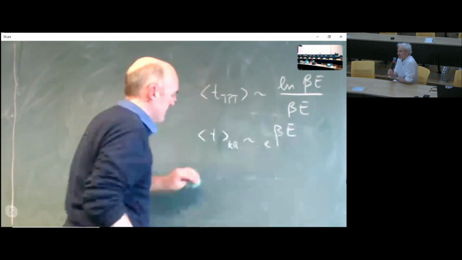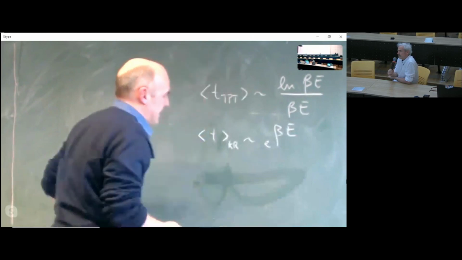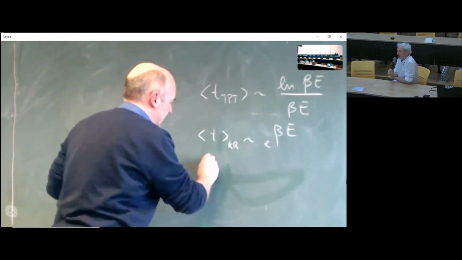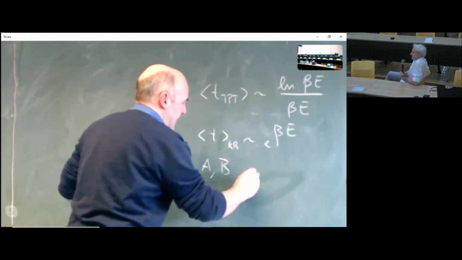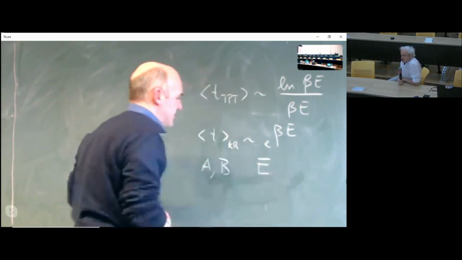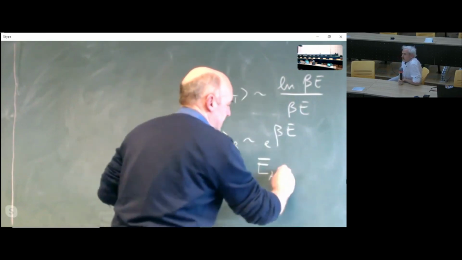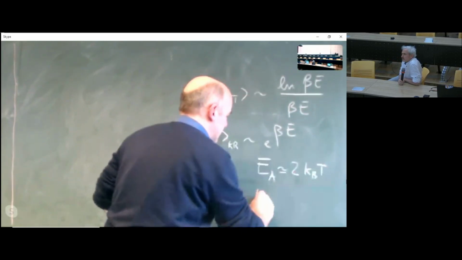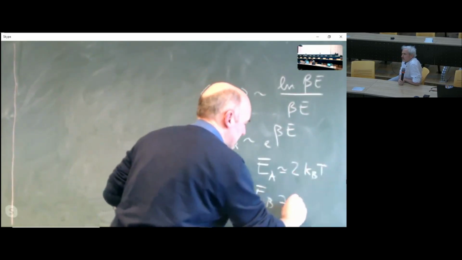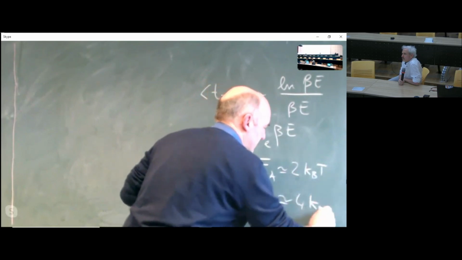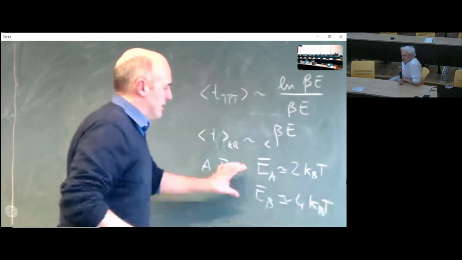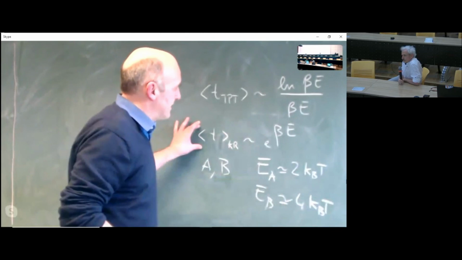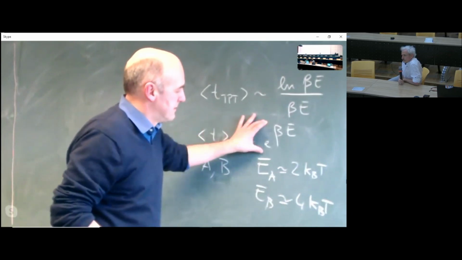I said, let's say that you have two proteins, A and B, and the barrier of the first is around 2 kBT and the other is 4 kBT. So the difference in their Kramer's time is large, right?